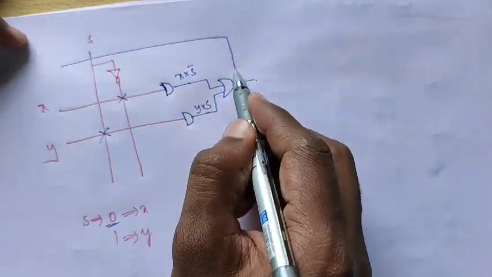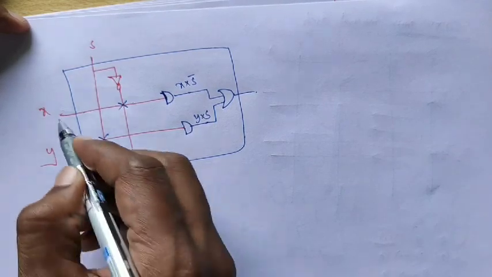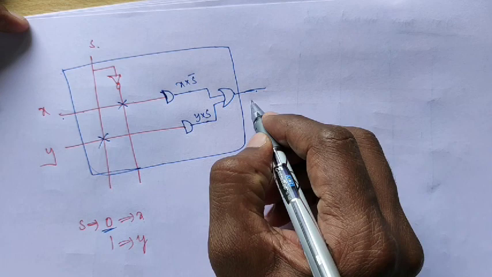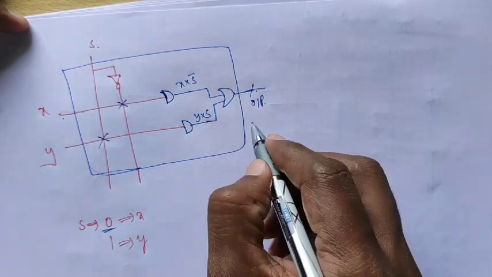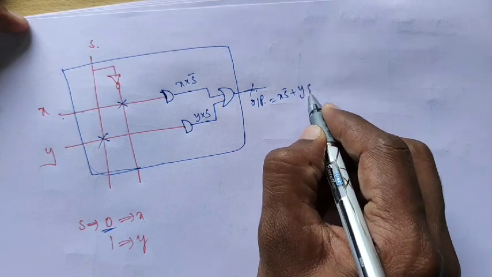So this is the single level, 2 inputs, 1 selection line, 1 output. So that output is the multiplexer output, then it is called X S bar plus Y S.